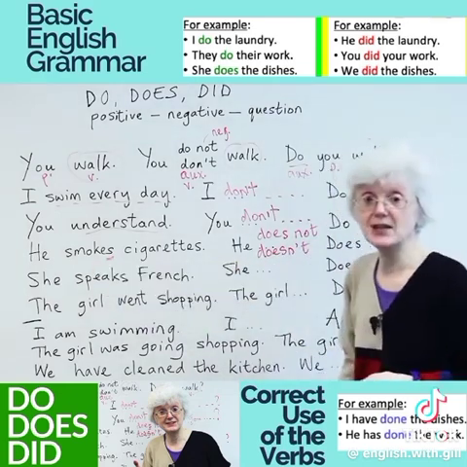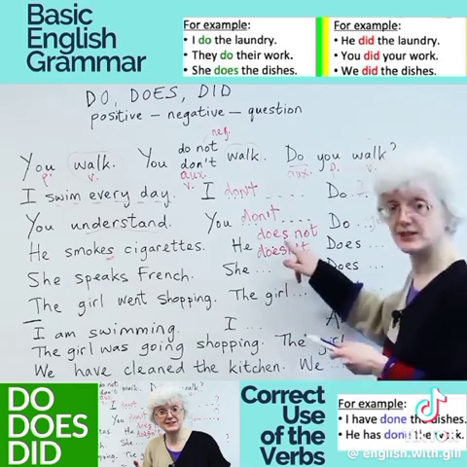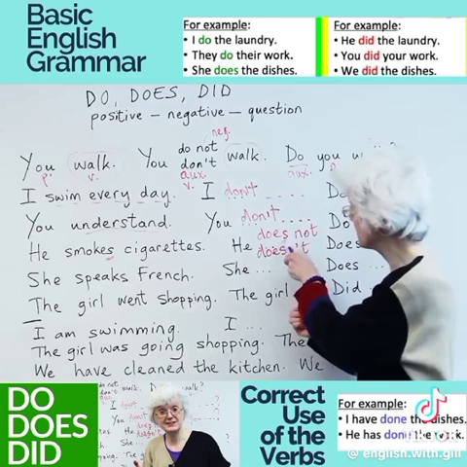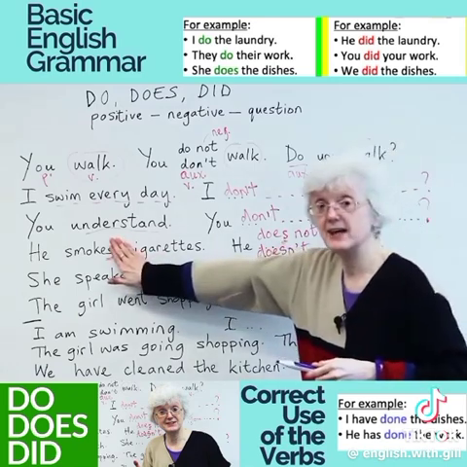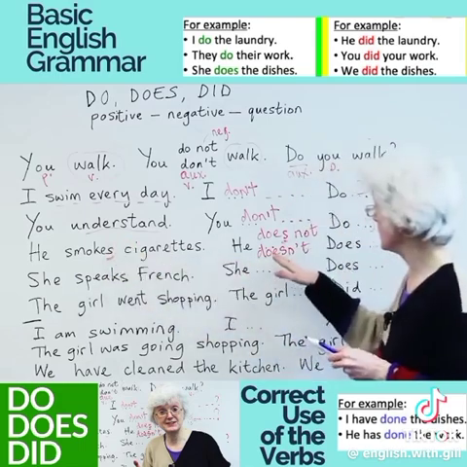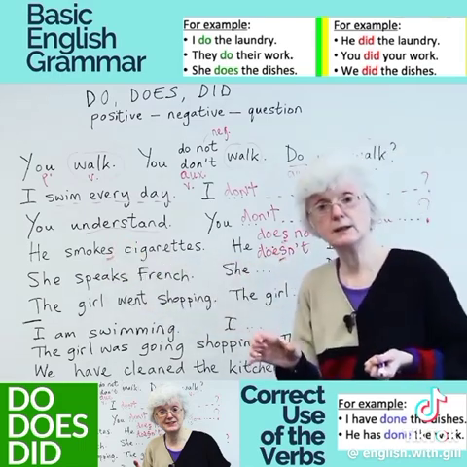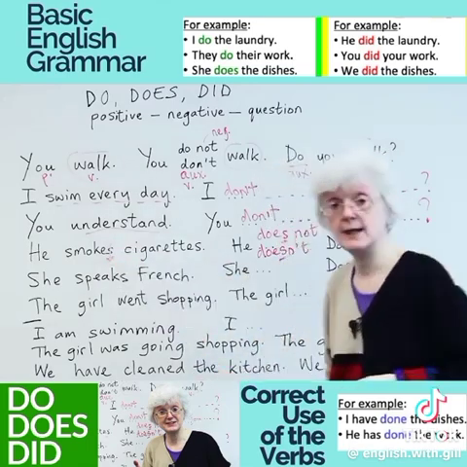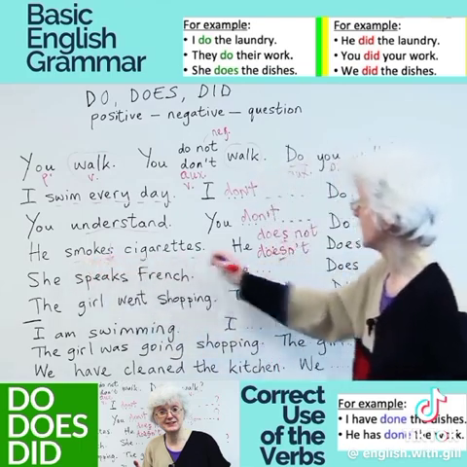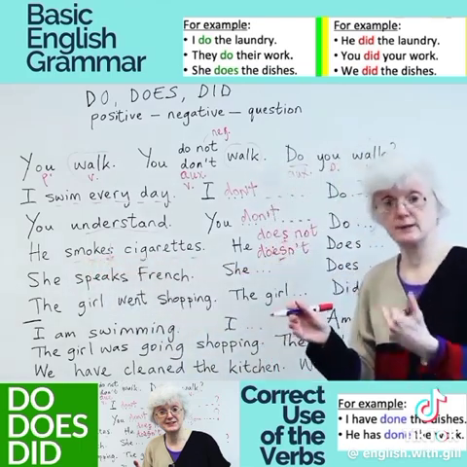And then something else happens. Because we've got an S now in does, we've got an S here, we no longer need the S there. So we say he doesn't smoke cigarettes. Okay? He doesn't smoke.